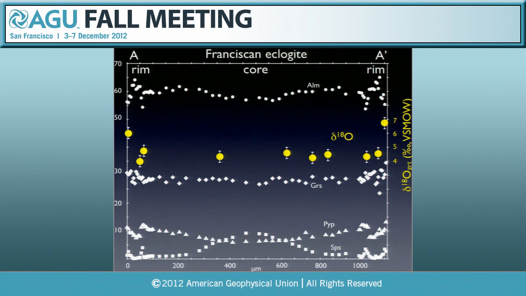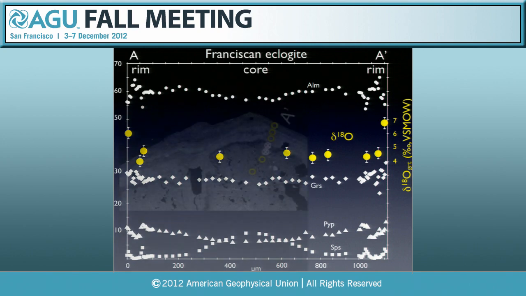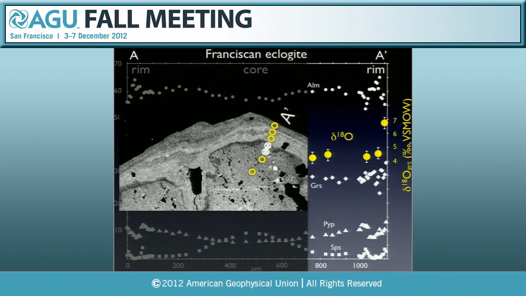First of all, in the core, it actually behaves very similarly to the eclogite from Syros. There's maybe a little bit more scatter, but still that's not resolvable within analytical uncertainty. It's only the very outermost data points that jump up by about 2.5 per mil, which is really quite dramatic in an eclogite garnet.